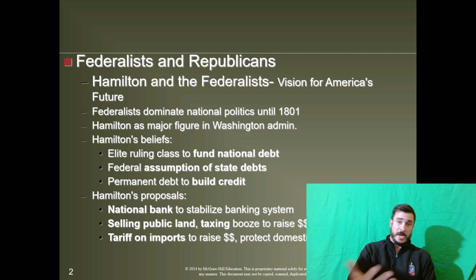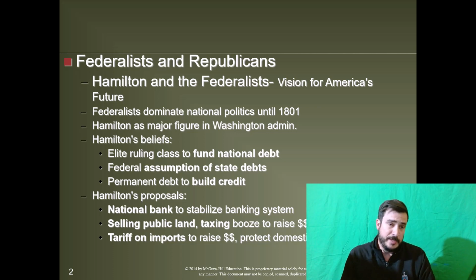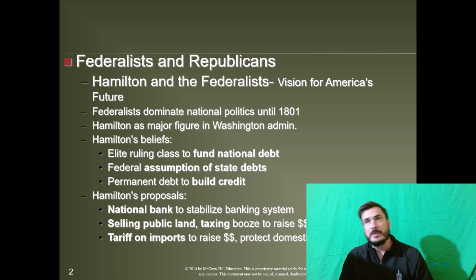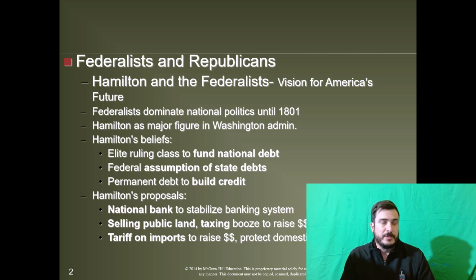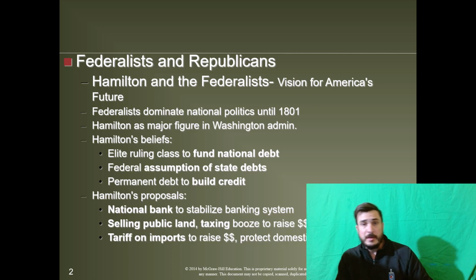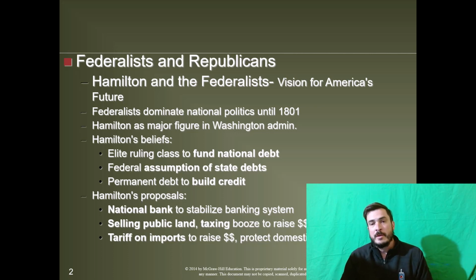Okay. And then over time, as it's making more money, this federal government, off tax revenues like the tariff on imported goods, on the whiskey tax and land sales, it would pay down those debts to the rich investors. And the thought being is, hey, look, if rich people are invested in this government, it's less likely to fail. The country is less likely to fail.